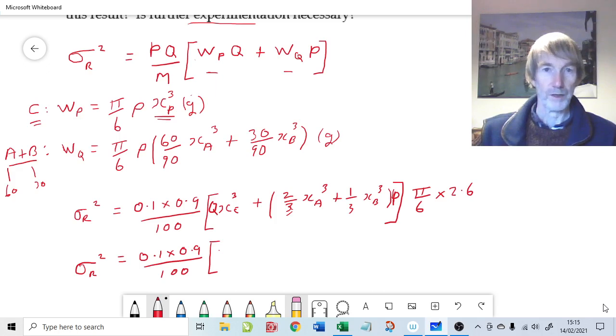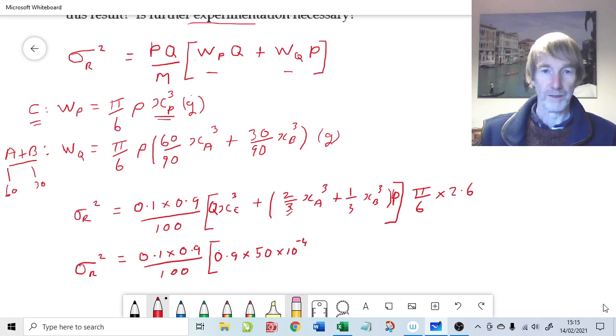So Q is 0.9 times the 50 microns, so that's going to be 50 times 10 to the minus 4, all cubed.